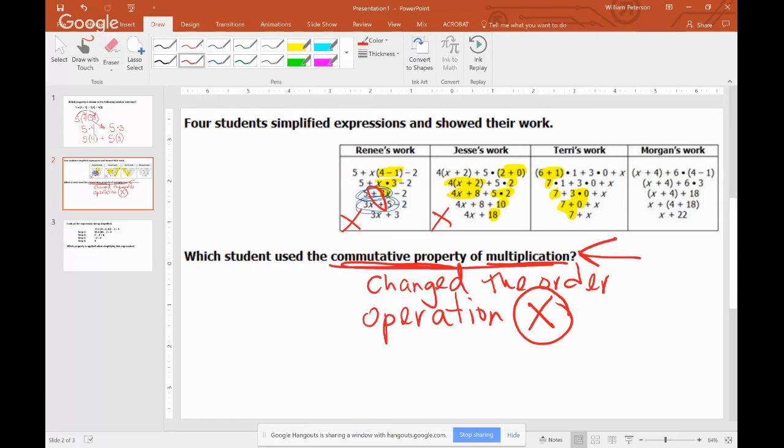And so if you said it was Morgan, you're right. But let's take a look at what Morgan's work looks like. Morgan did 4 minus 1 gives you 3, and then they did 6 times 3 gives you 18.